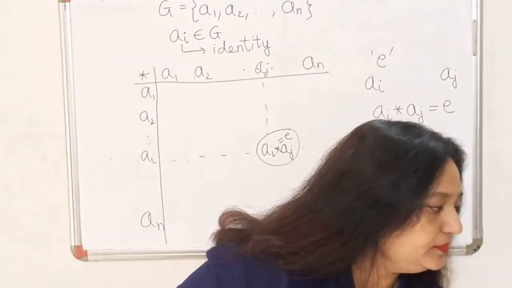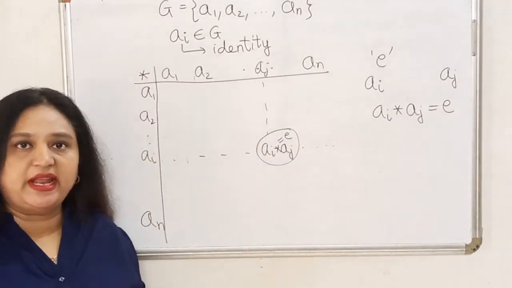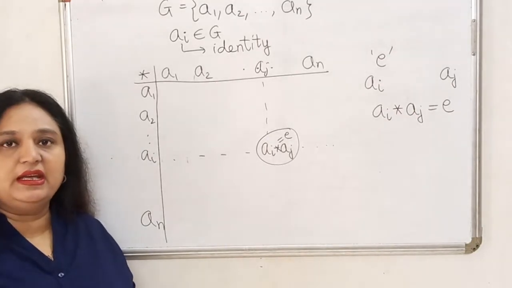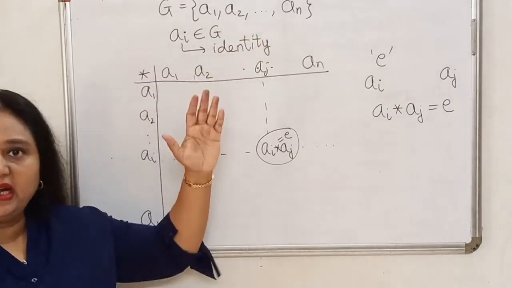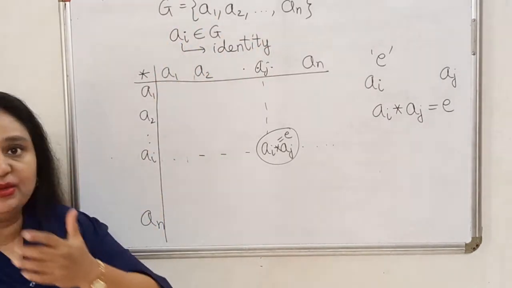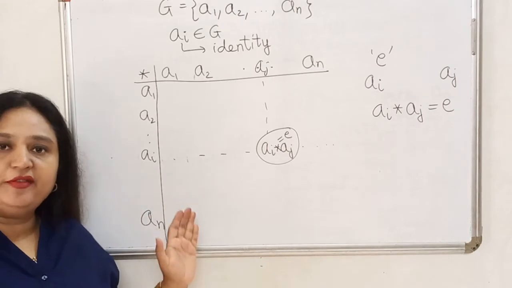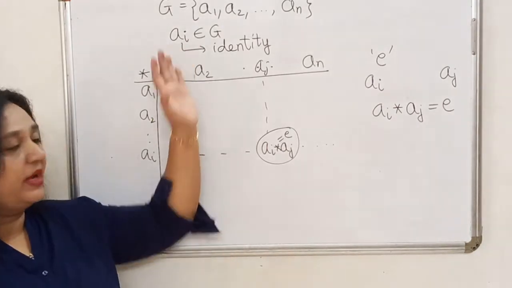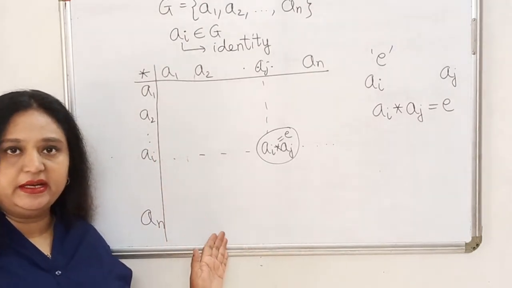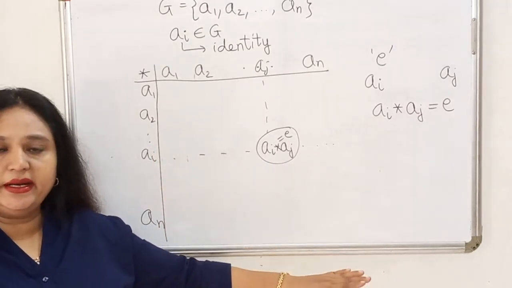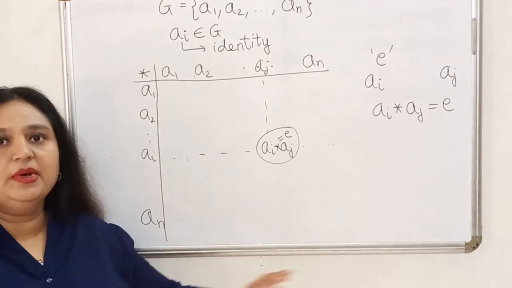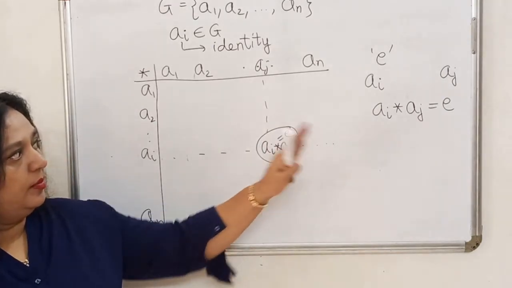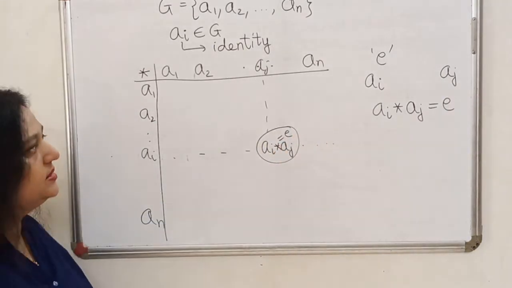However, there is a result which we will do slightly later when we are looking at properties of groups, which tells me that for a particular set, if all other conditions are satisfied with respect to that operation and you happen to have a left identity and a left inverse for every element, it's enough. Then it will become a group. So automatically that left identity will also become right identity. Left inverse will also become right inverse for that element. So the result will work when you switch the elements.